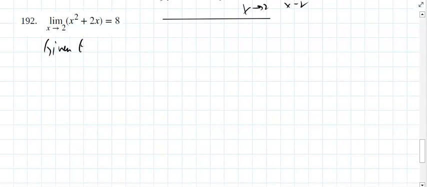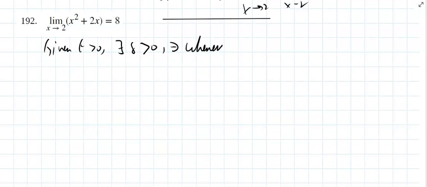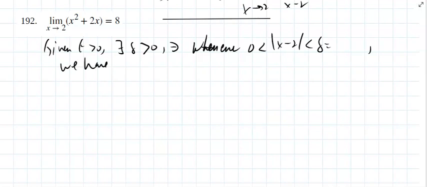Given epsilon is bigger than 0, there exists a delta bigger than 0 such that whenever 0 is less than |x minus 2|, it's a lot of 2s, it's just a coincidence. Here I'll take x squared plus 2x minus 8, the difference of those two.